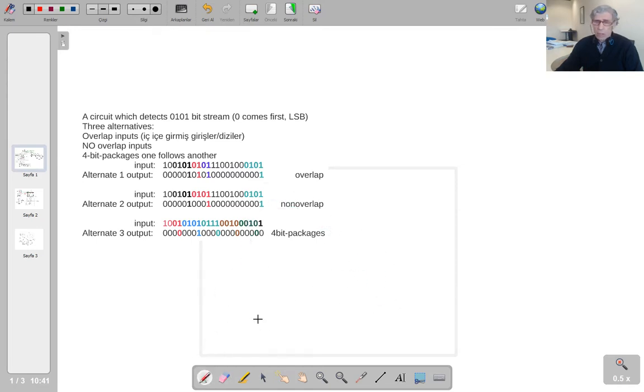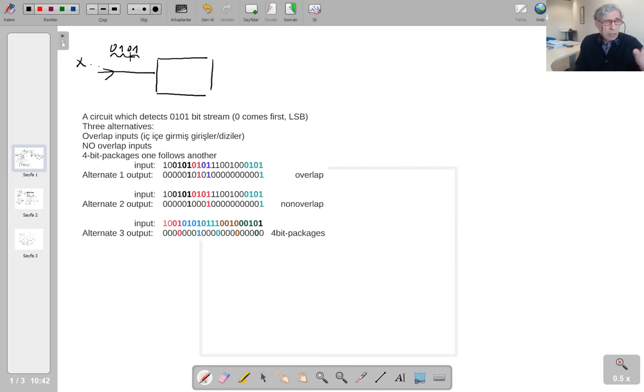Now, we said this is a sequence detector. What it means, sequence detector, there's a box. Let me draw that, a box here. There is a bit stream coming in. This is X. So there are many zeros and ones coming in. So in that sequence, I would like to detect 0, 1, 0, 1 bits.